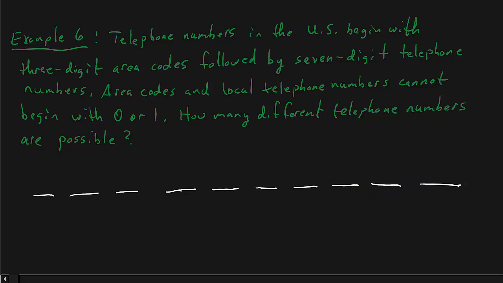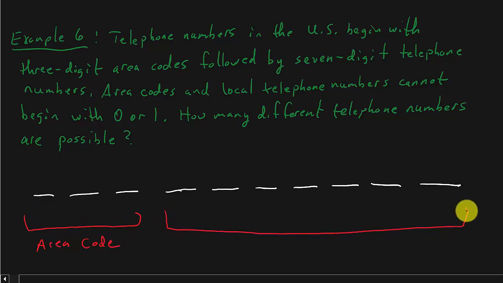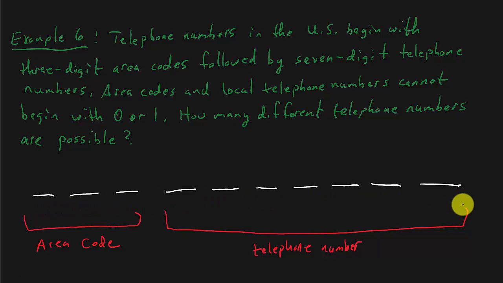Just remember this represents the area code, and this represents the telephone number. What we've got to do is go through each box here and see how many choices we have for each one.